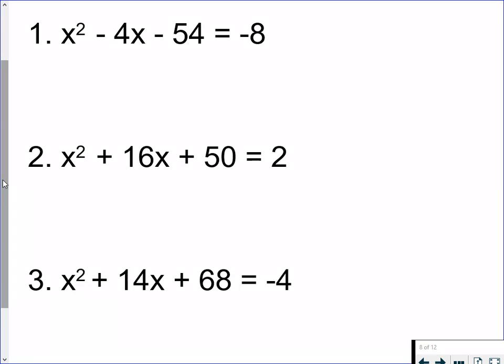I know you did it, but don't make the parentheses, so you don't accidentally say that's negative 4.